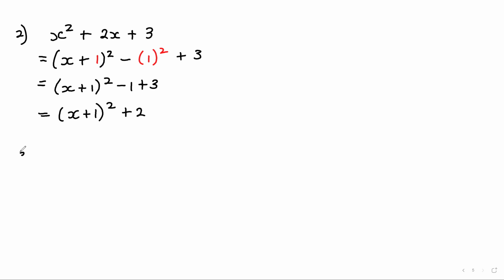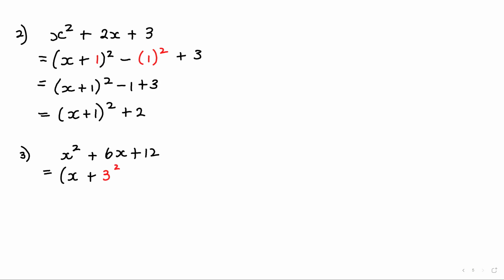Let's do another one. Let's say I have x² + 6x + 12. All right, so again, you take x, you take half of b, so half of b here is 6, so half of 6 is 3, right?